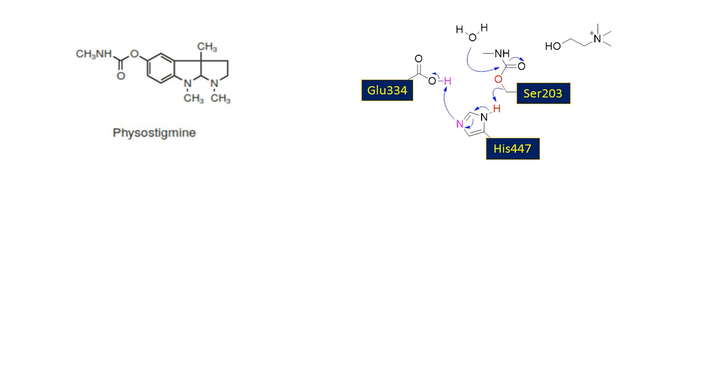The acetylcholinesterase enzyme can hydrolyze acetylcholine in milliseconds or even less. But when you make the carbamic acid ester of the enzyme, it takes minutes. In the case of physostigmine, it takes approximately 10 to 15 minutes for regeneration of the enzyme.